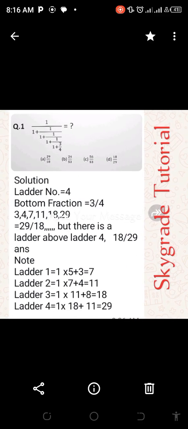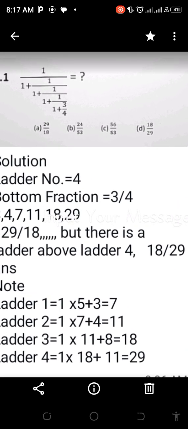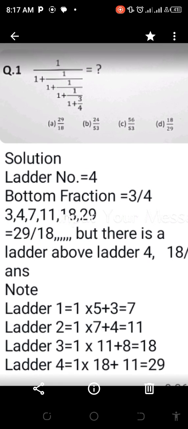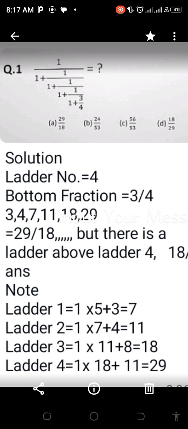Let's proceed. Now we are going to take the first example of a question in ladder word fraction. This is example 1. Example 1 says evaluate the ladder fraction on the screen.